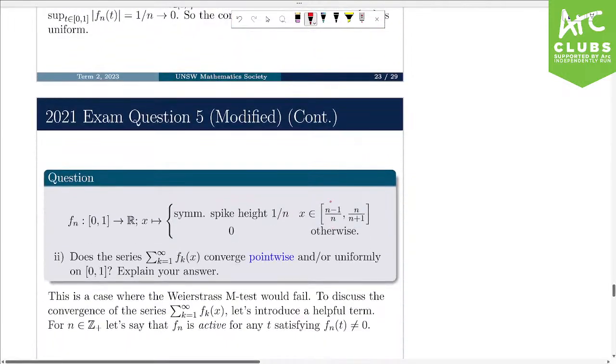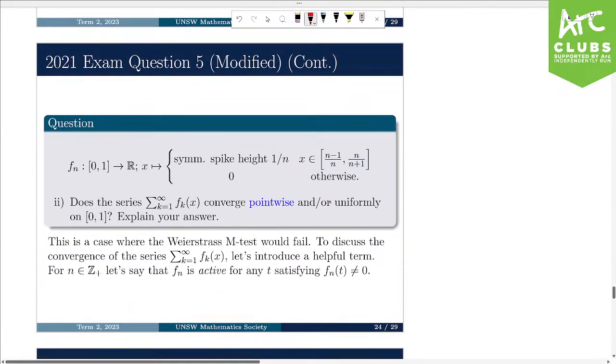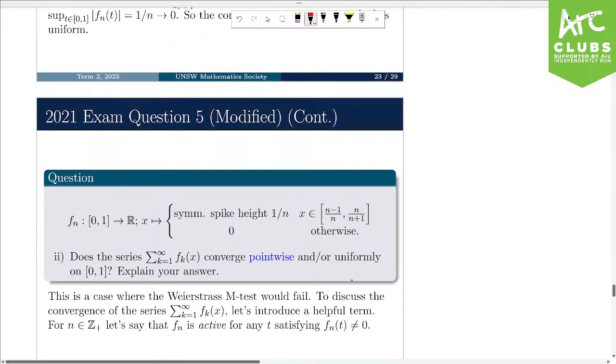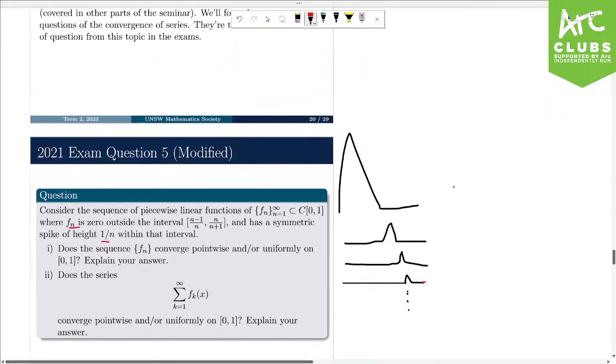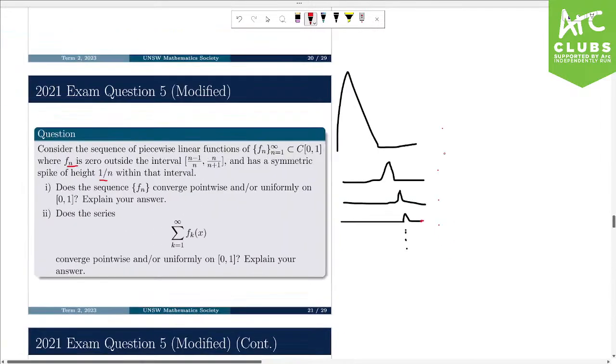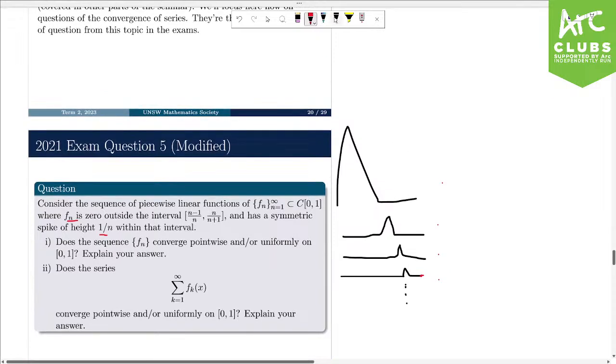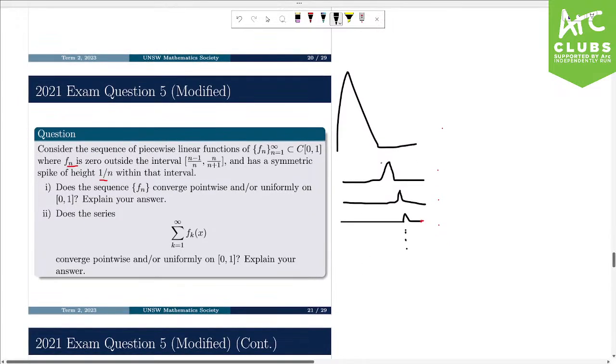Okay, now we talk about this series. So this series is we add all of these together. So if we just try adding these together graphically, we can see that this should just be all the spikes on one graph.